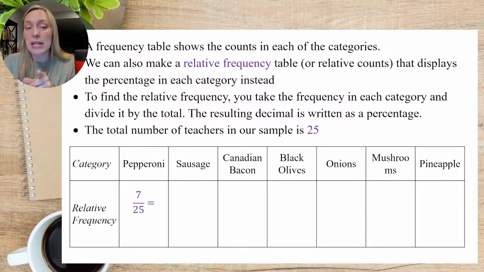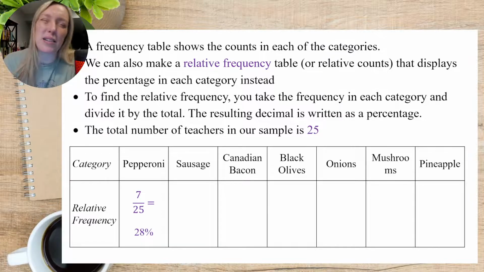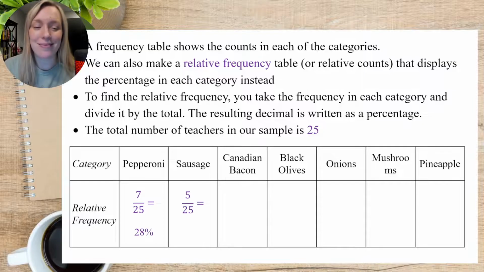So for pepperoni, since we had 7 teachers who liked pepperoni, 7 out of 25 gives us 28%. Okay. Usually with relative frequencies, we do whole numbers, so we round to the nearest whole number. In this case, it worked out to be a perfect 28%, but we try to round it just to make it easier to graph in the long run. But you might also have decimals too. It's up to you.